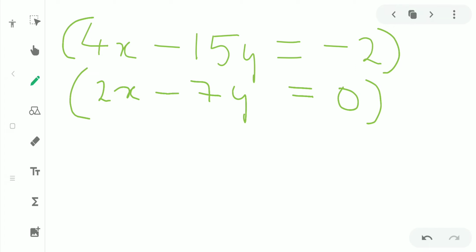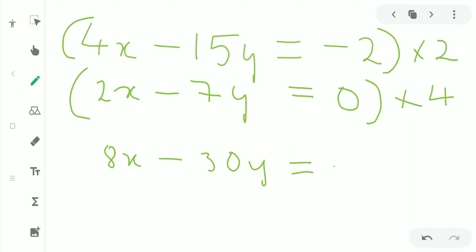So I want to equate these two variables, x variables. So 4 I will multiply with 2 and 2 I will multiply with 4. We should multiply the whole equation. 4 into 2 is nothing but 8x minus 15 into 2 is nothing but 30y is equal to minus 2 into 2, nothing but minus 4.